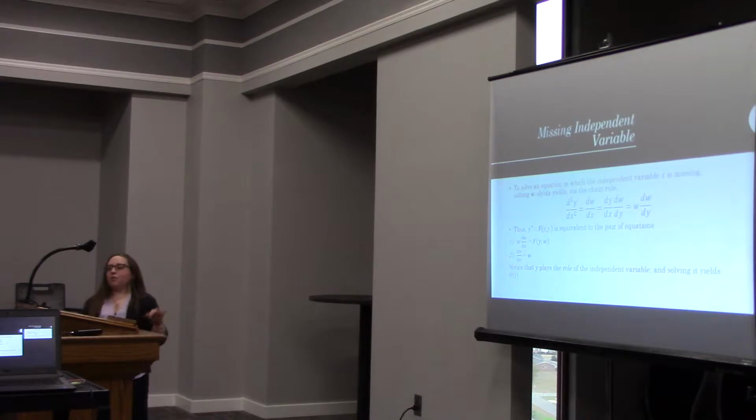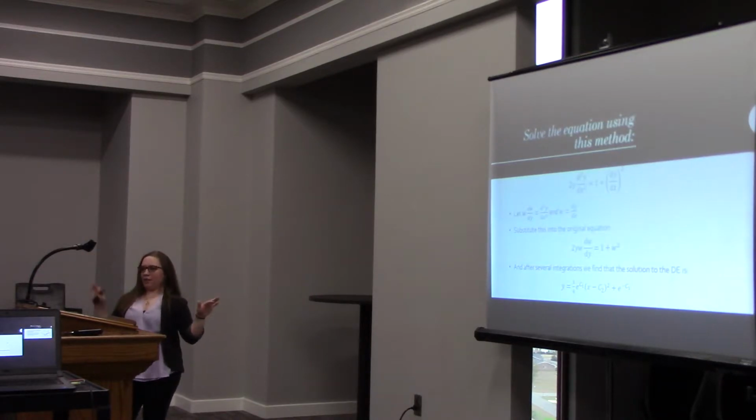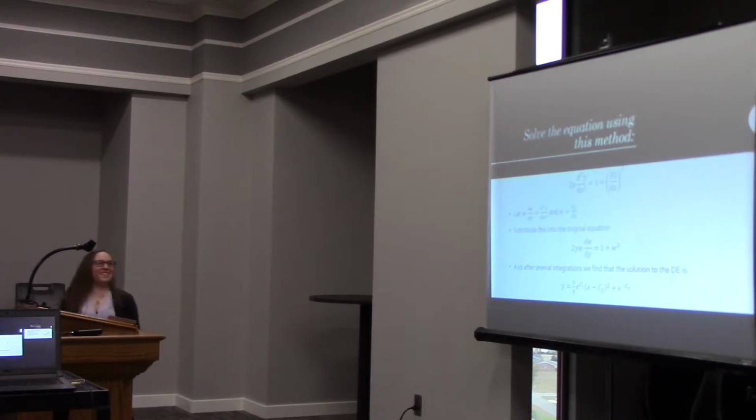Now y is playing the role of the independent variable as well as the dependent, so we can get w of y instead of y of x because x is missing. We solve these equations, several integrations, a lot of work, and we get this nice solution to our differential equation. Like I said, I have all the work in the back if you're interested.